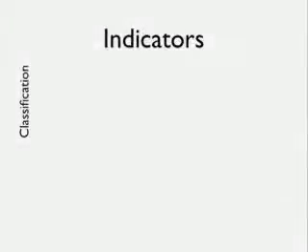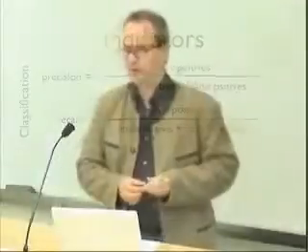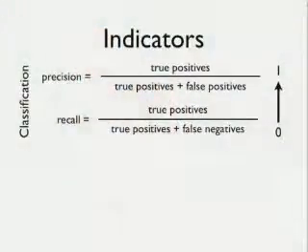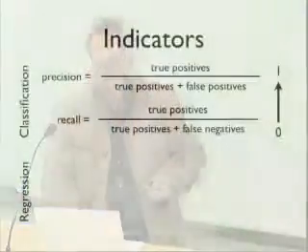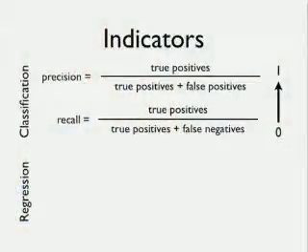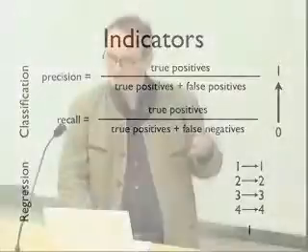And what kind of indicators do we have? Well, first, for classification, we have two indicators called precision and recall. Precision has to do with the false positive rate, and recall has to do with the false negative rate. Both are numbers between 0 and 1, and numbers near 1 are better. And for regression, we have the correlation coefficient, which is a number between -1 and 1. When predicted values and actual values have the same ranking, the correlation coefficient will be 1.